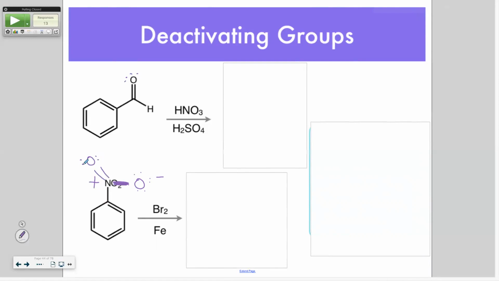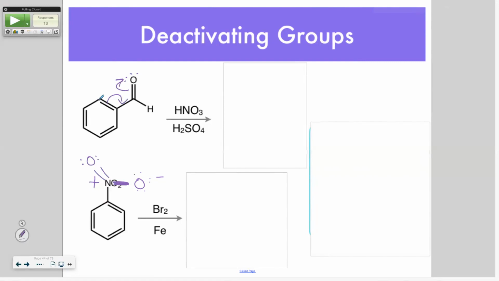Okay. You can even draw resonance forms for these that show the electron density going out of the ring. So if I do that for this one, notice where we go. Out to the O. Just like when we did nucleophiles attacking carbonyls. We went to the carbon of the carbonyl, go out to the O. This would be the same thing. You go up to the N and you go out to the O. Okay, so that's going to put what here?